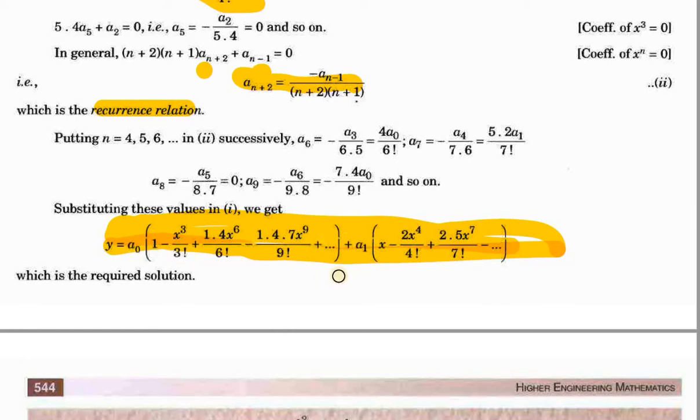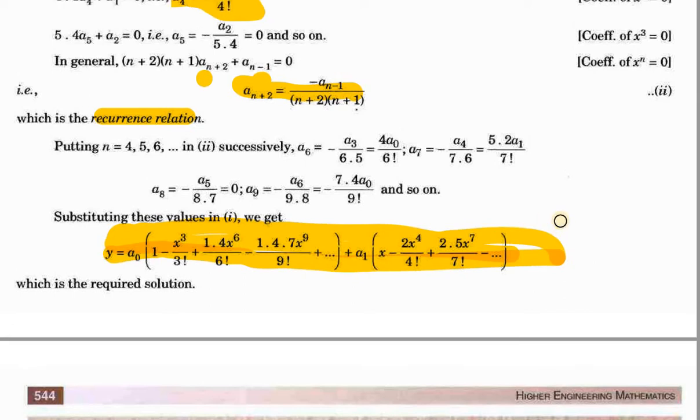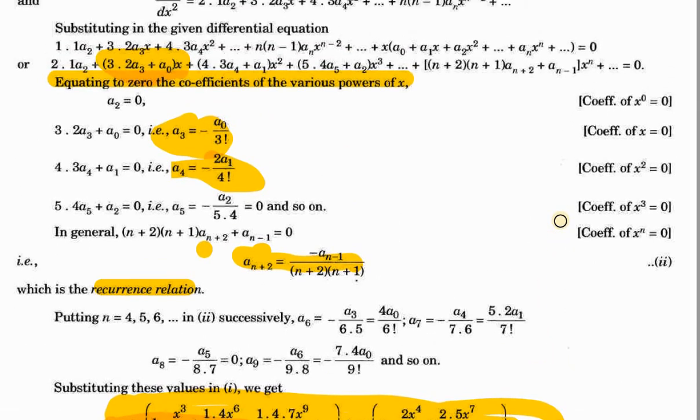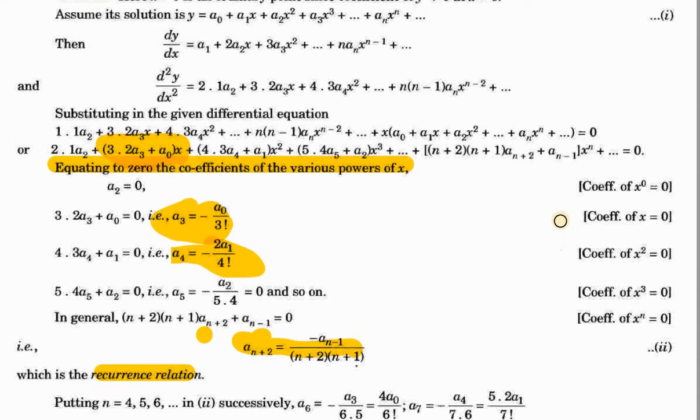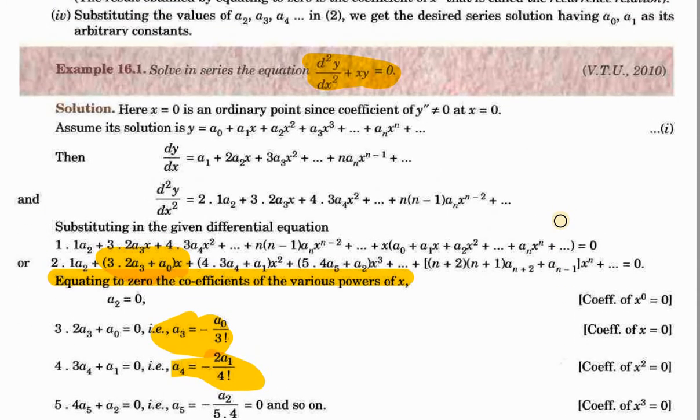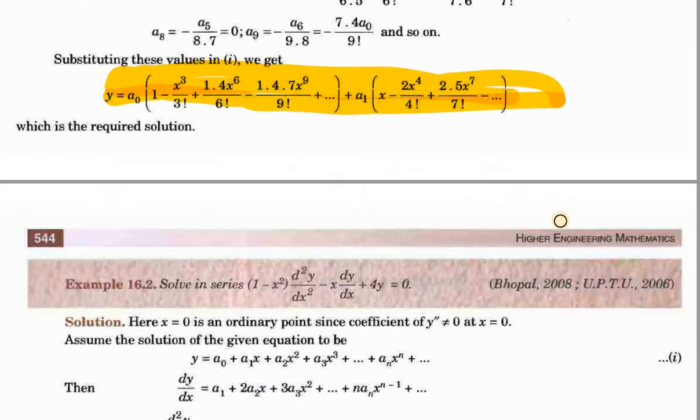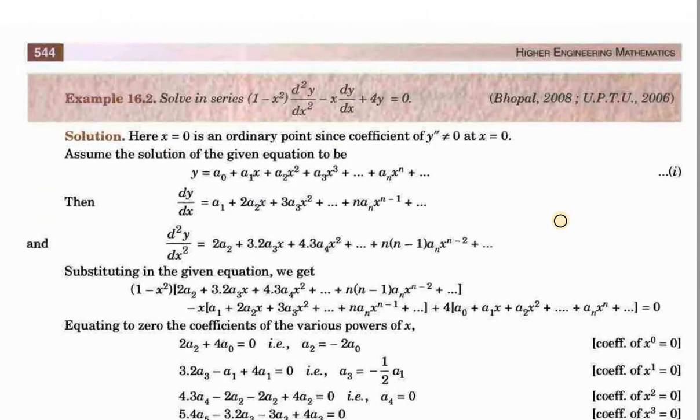A0 is like C1 and A1 is like C2. These two are arbitrary constants, and in the problem which we have just now done, it was some a0 into e to the power of x. There was only one arbitrary constant because it was a first order differential equation. I had written it as dy by dx is equal to y. Now you can see several problems in this one which are power series methods.